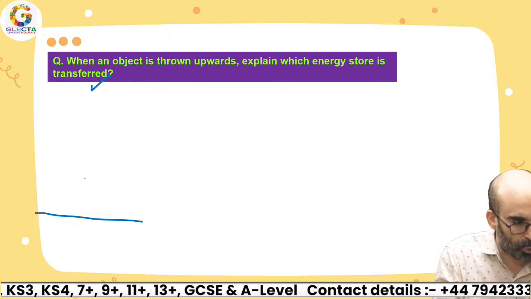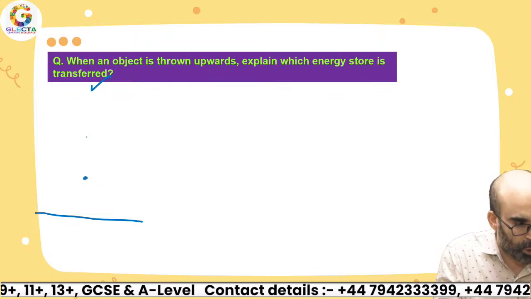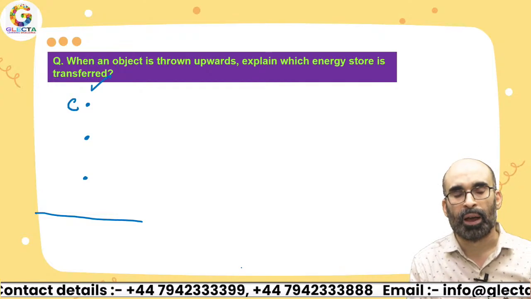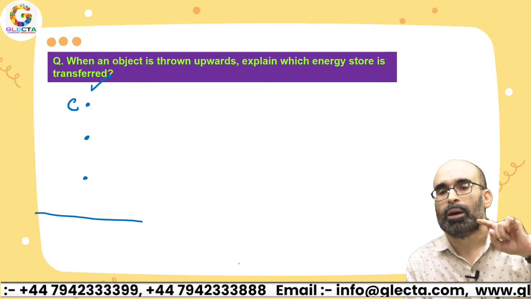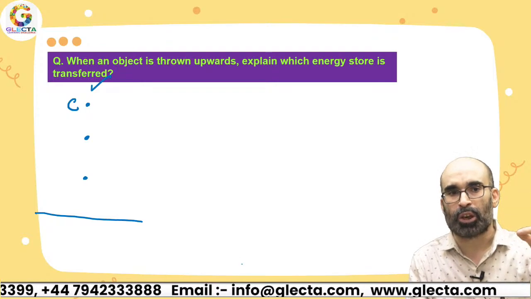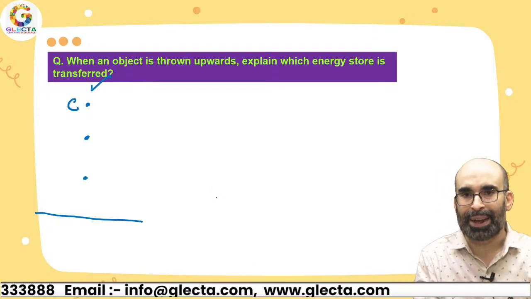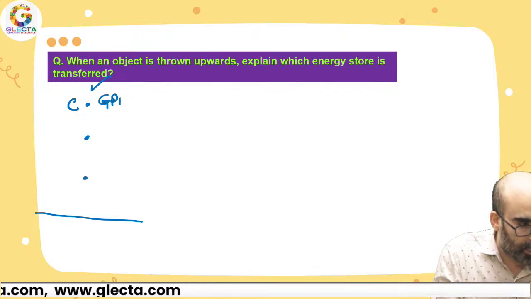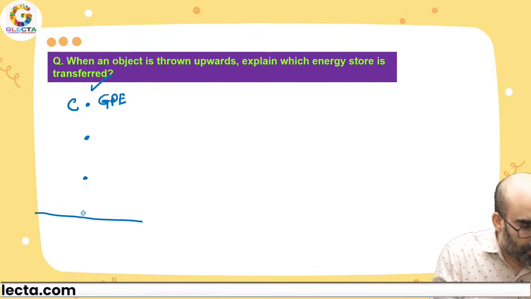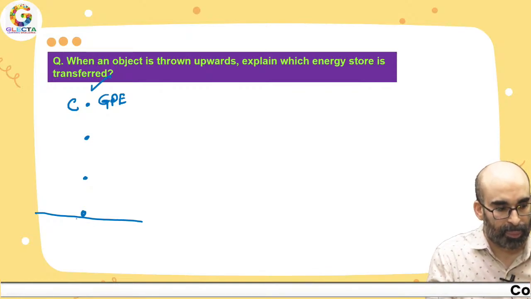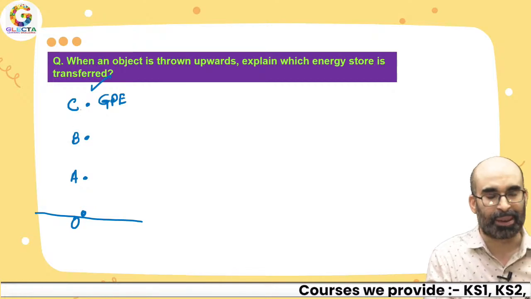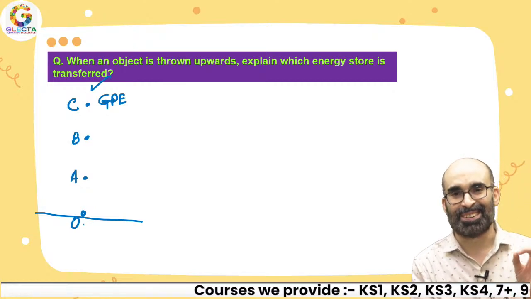I would like you to notice this thing, that at this point, this point C is the topmost point. At the topmost point, the entire energy is GPE. At the bottom, point O, this is point A, B and C. I want your attention, this is very interesting.